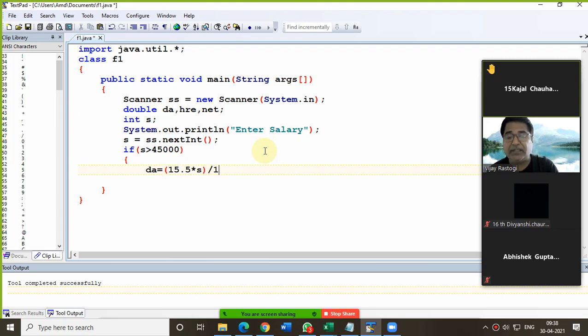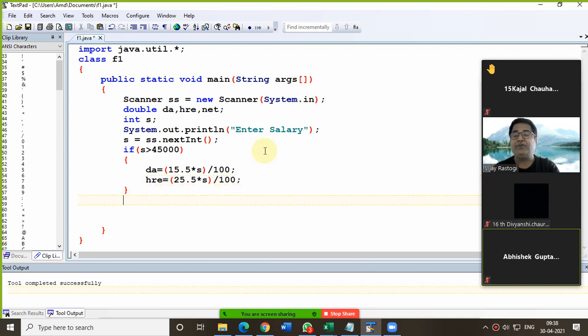So this is the way to calculate the percentage, or this also you can do. This is better, I think. So HRA is what? 25.5 multiplied by the salary whole upon 100.